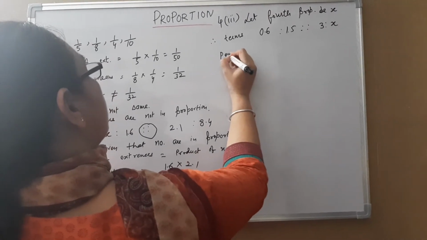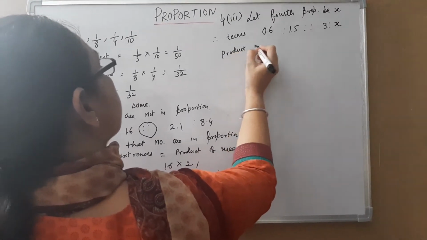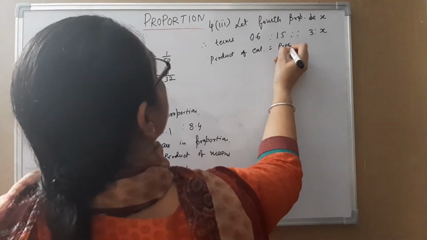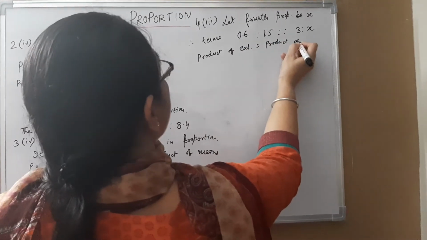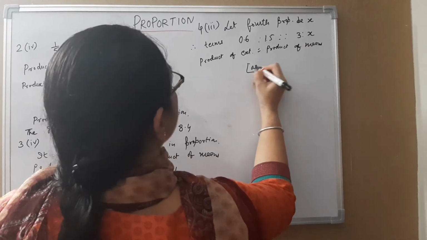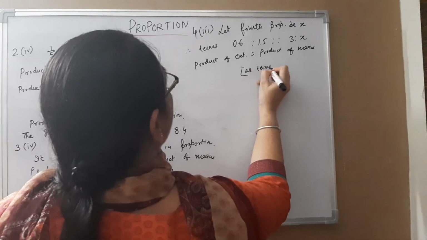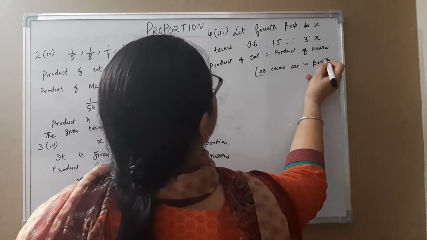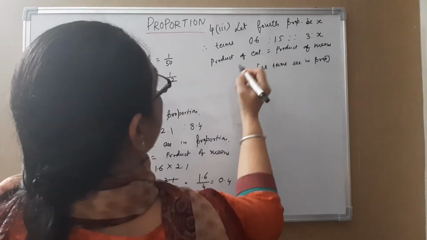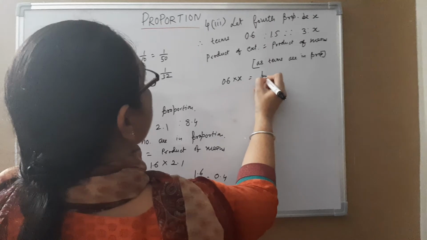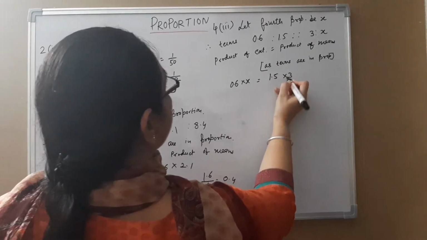Here also the product of extremes would be equal to the product of means, because the terms are given in proportion. So what is the product of extremes? 0.6 into x is 1.5 into 3.